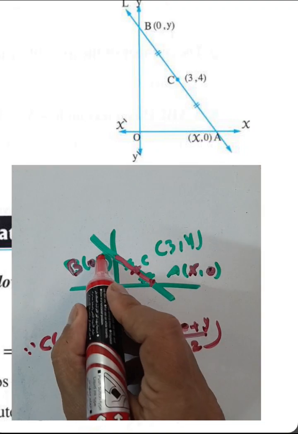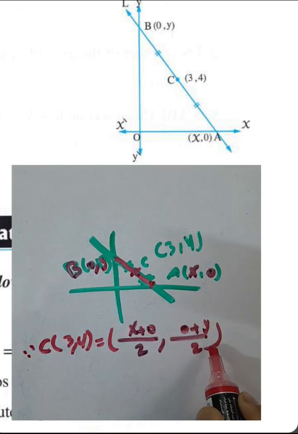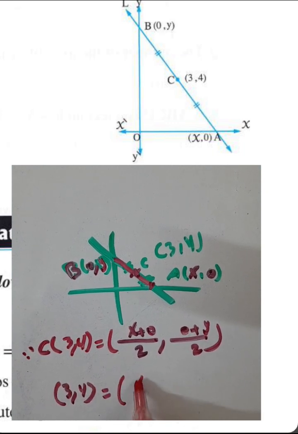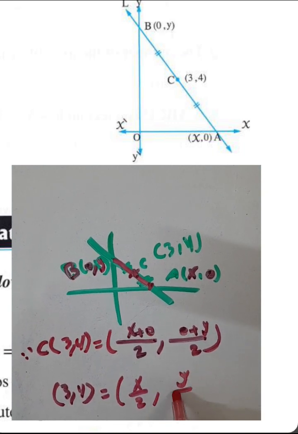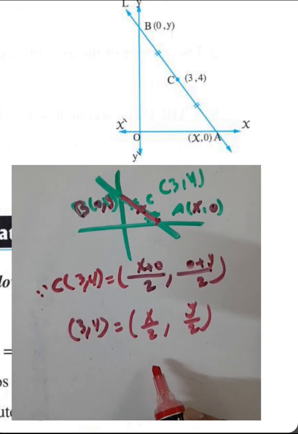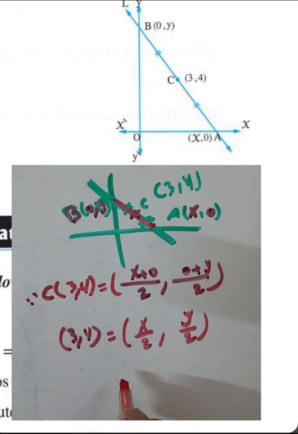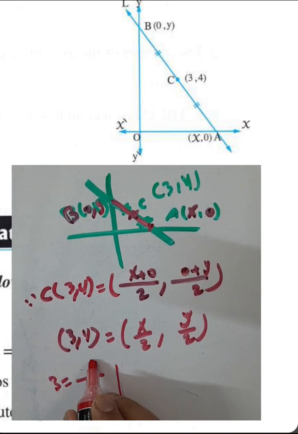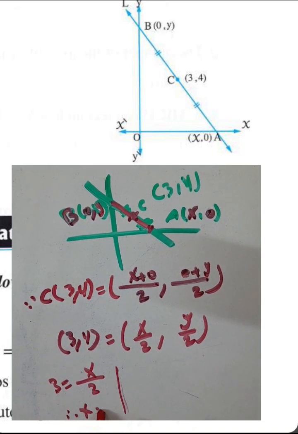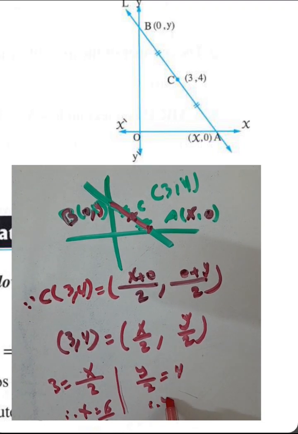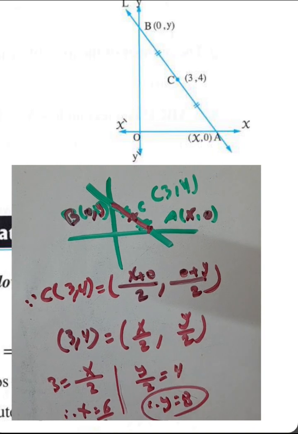Then 3 and 4 will be equal x over 2 and y over 2. Then the first projection equals the first projection, the second projection equals the second projection. Then we can write 3 equals x over 2, so x will be equal 6. And y over 2 equals 4, then y here will be 8.